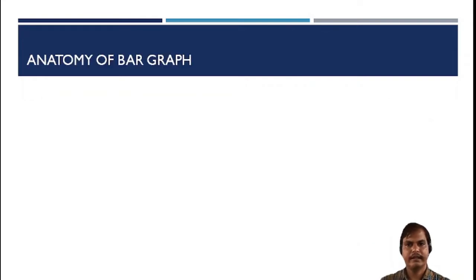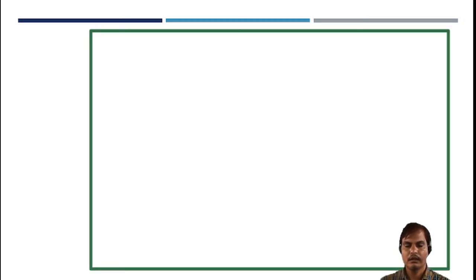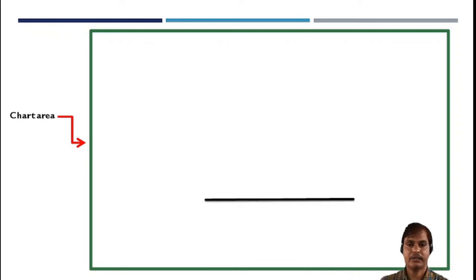Now let us understand the anatomy of a bar graph. The entire area of the bar graph is commonly called the chart area, and in that chart area we are generating bars on the x-axis. This line is denoting the x-axis, and this line is denoting the y-axis. On these two axes only we are going to plot the data, right?